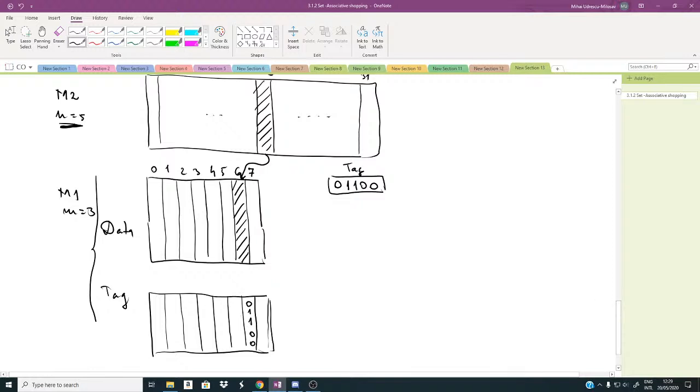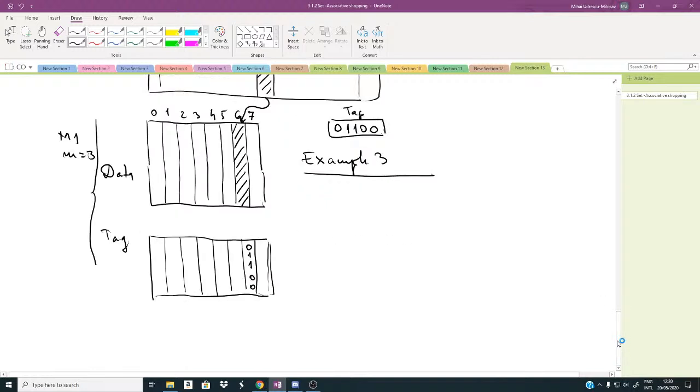And let's take our example, with the three hypothetical instructions at those addresses.